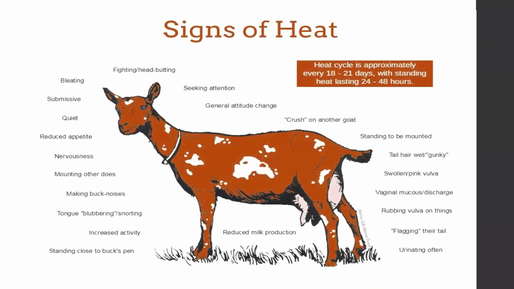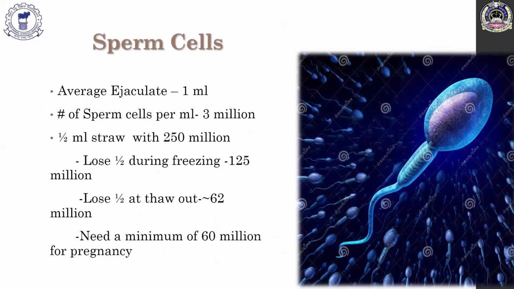In the pictorial form, I have tried to represent all these signs of heat. When we talk about the sperm cells in small ruminants, we have an average ejaculate of 1 ml, in which we get 3 millions per ml of sperm.